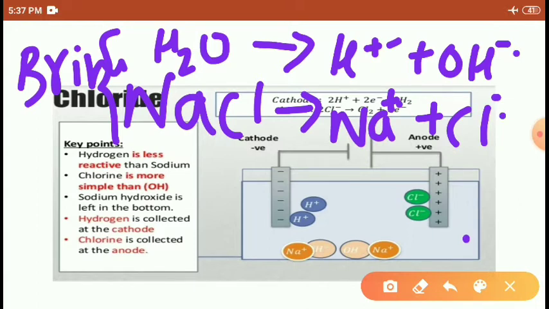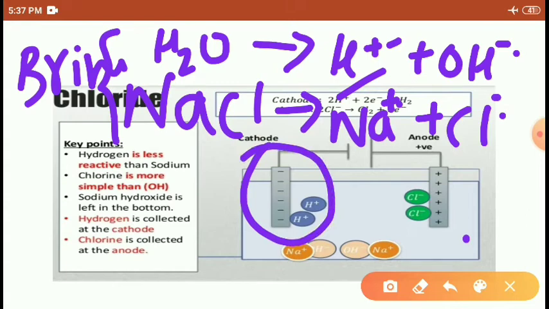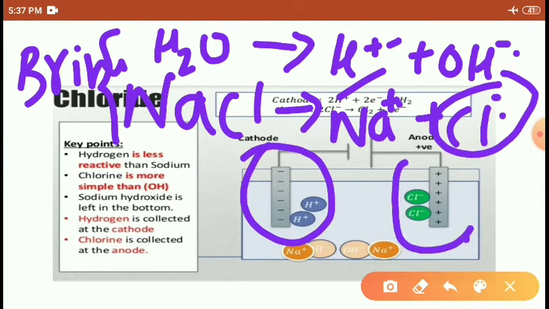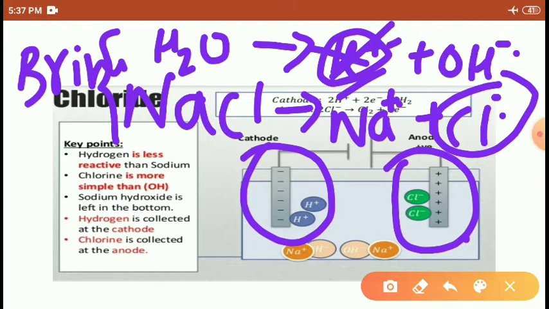Right, students? These hydrogen ions move towards the cathode, and these chloride ions move towards the anode. Hydrogen is removed from the solution because it moves to the cathode. Chlorine is removed because it moves towards the anode.